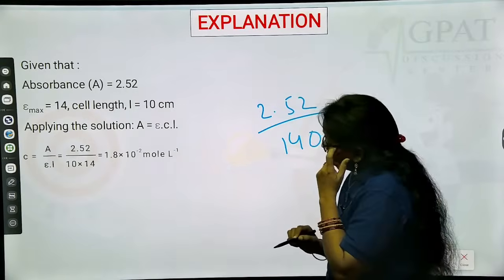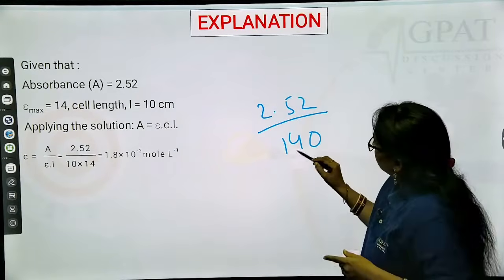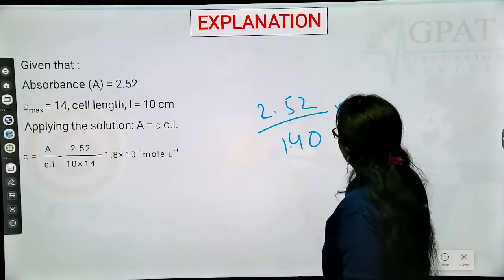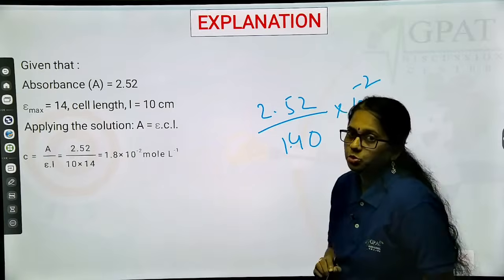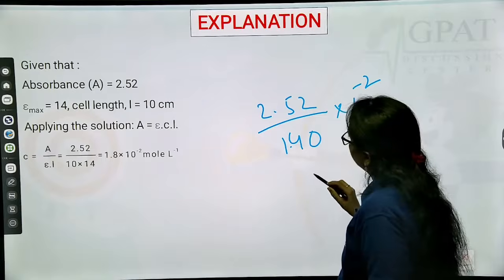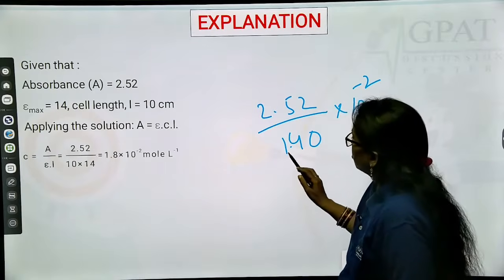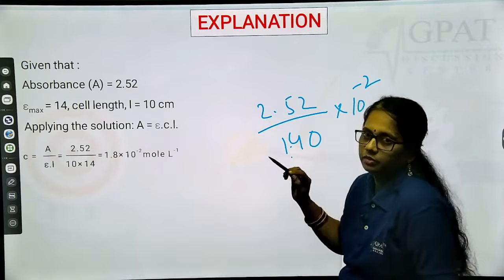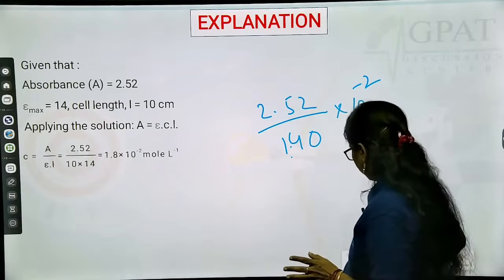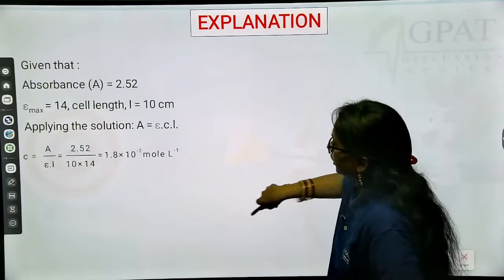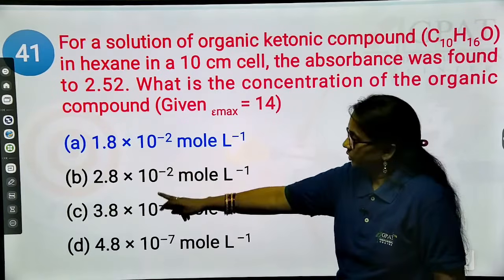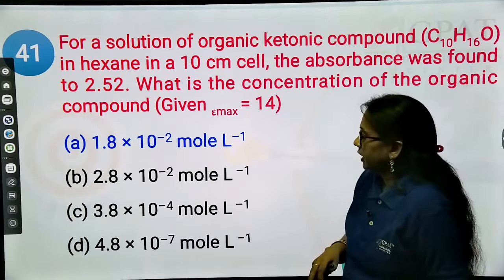This decimal, you are going to get 2 to the power of minus 2 here. So almost 1.4 and 2.5, 2 14s are 28, right? In that way you can easily answer the question. The answer is less than 2. So option A is the right answer.